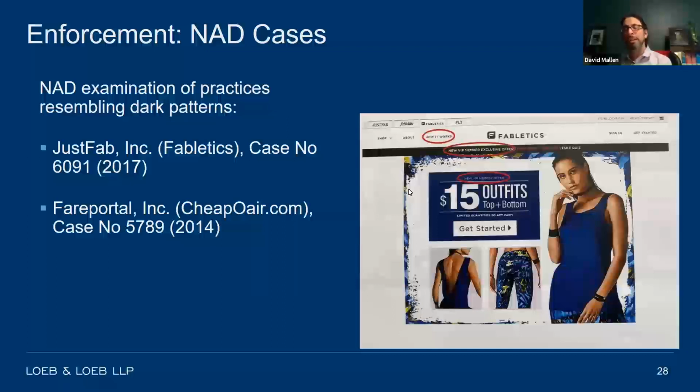Most of what they look at are advertising cases brought by competitors who see this process as a cost-effective way of resolving disputes rather than going to court and suing, typically under the Lanham Act in federal court.